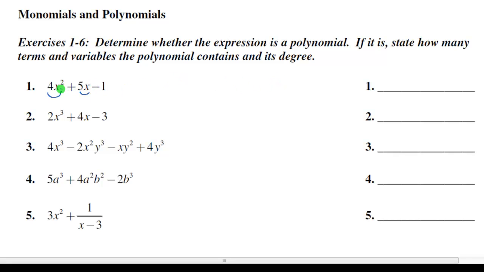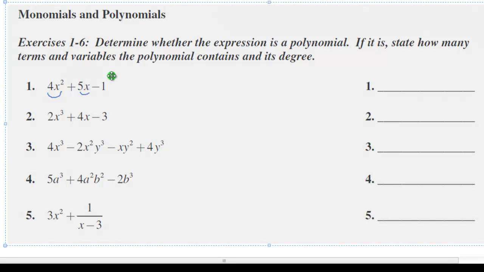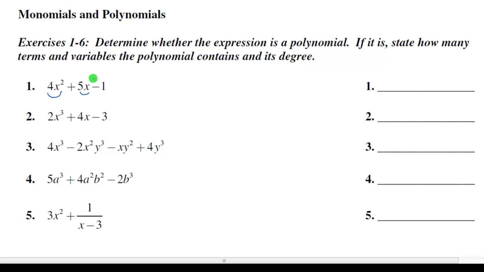The degree, now this term has degree 2. Remember that the degree is you look at the variables in the term, you look at the exponent, you add them together. So since we only have one variable, the first term has degree 2. The second term, the 5x, has degree 1 because there's a 1 that's understood to be here. And this last term, this -1, has degree 0.